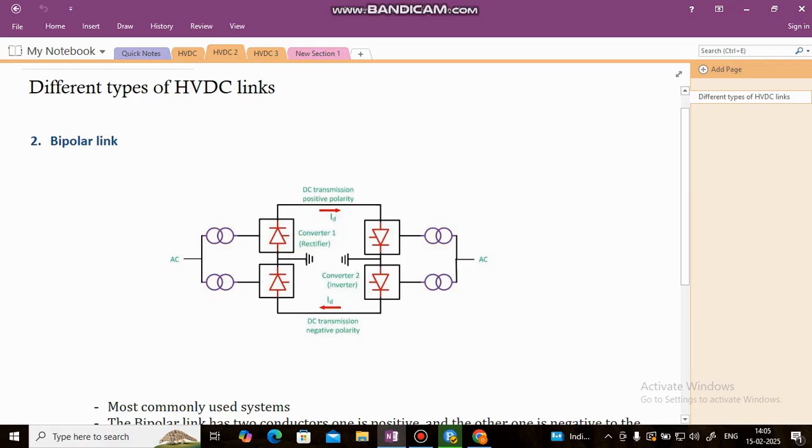The structure of bipolar link, we can see that here is an AC generator. This AC generator is feeding the power into the system. With the help of a transformer, the voltage level is stepped up. This stepped up power is fed into the rectifier circuit. This is the positive polarity conductor.